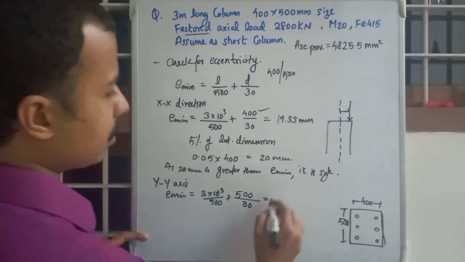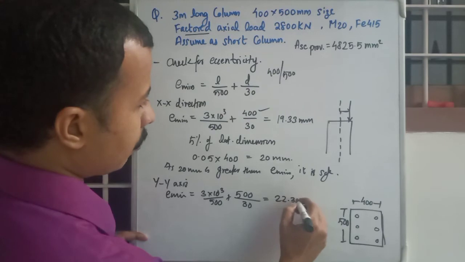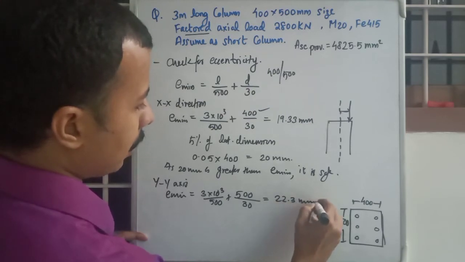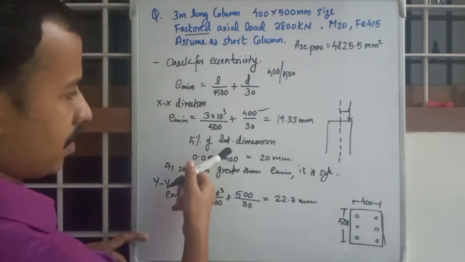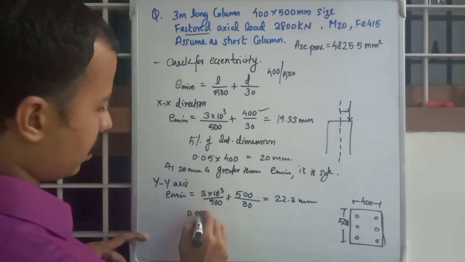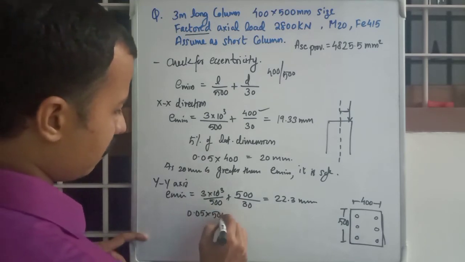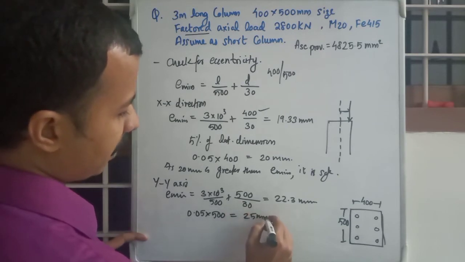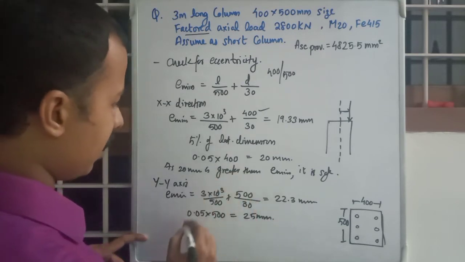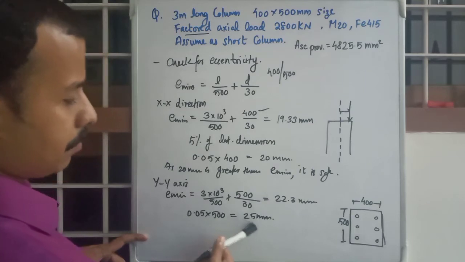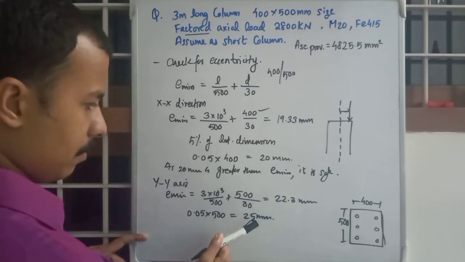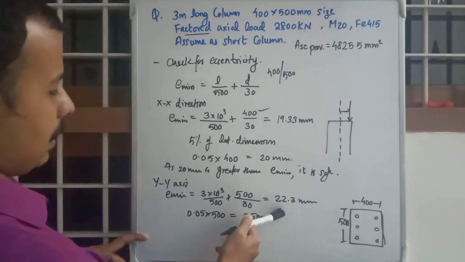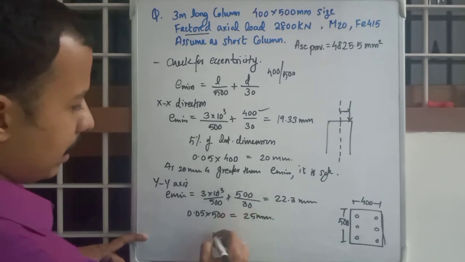You will get something like 22.3 mm. 5% of the lateral dimension, that is 0.05 into 500, is equal to 25 mm. Same condition, as 25 mm is greater than E minimum, that is 22.3, it is safe.